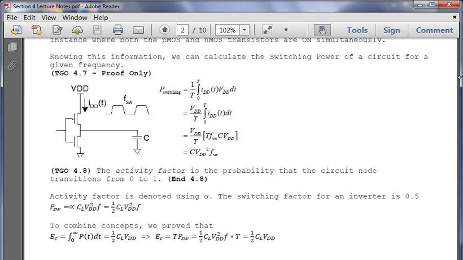So these activity factors are denoted as alpha here. The switching factor for an inverter is 0.5. So the switching power, we multiply our switching factor times the equation we had. So this becomes 1/2 times the load capacitance times VDD squared times the frequency.